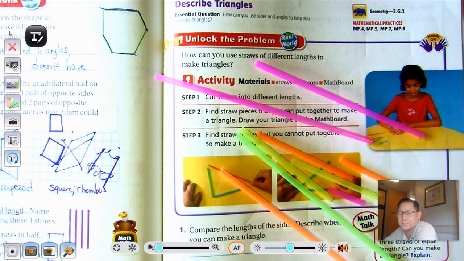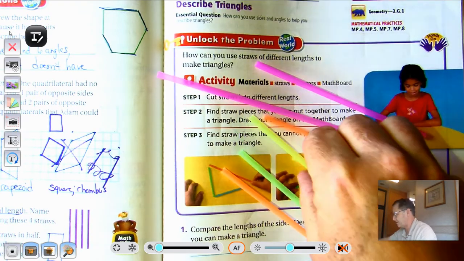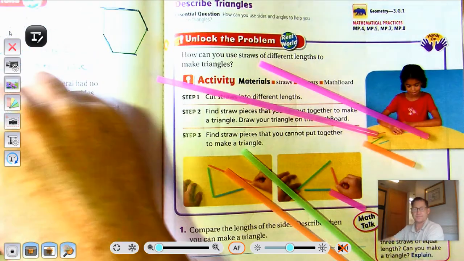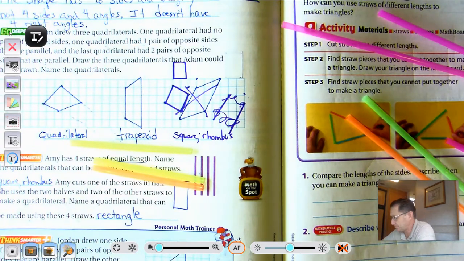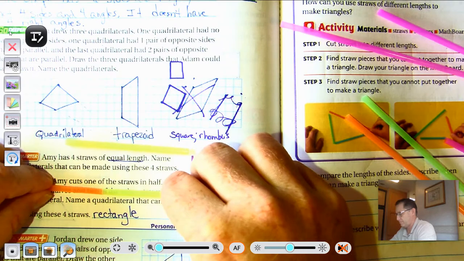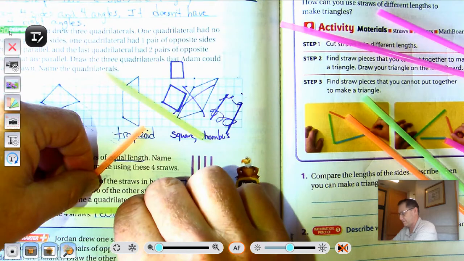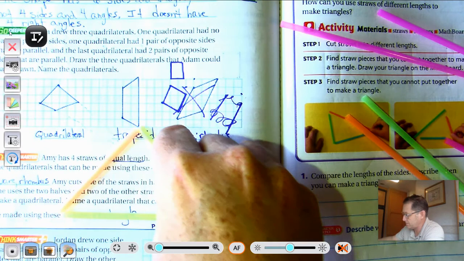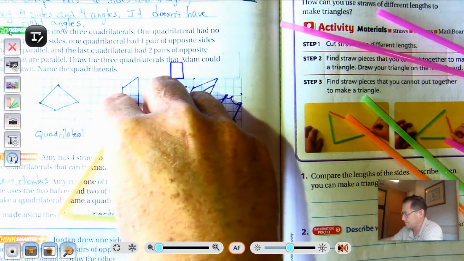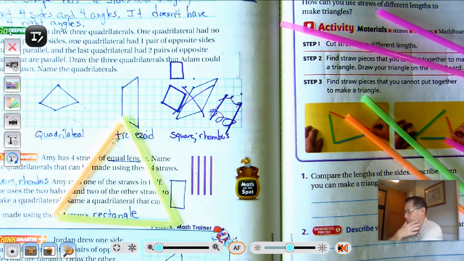Okay, so we know we have to have three sides, right? So let's try these three. Can we put these three cut straws together to make a triangle? Okay, well, let's see. They have to be end to end, so they have to be able to close. Okay, so I can put those three together.